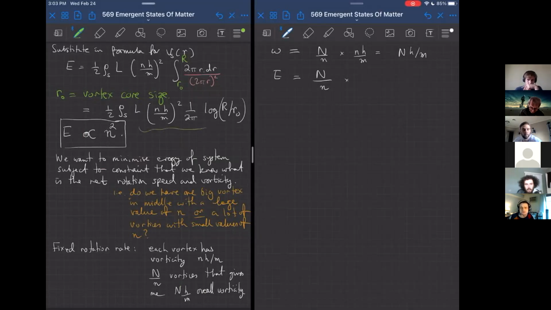Let's call this factor C1, times C1 n squared. And so you can see that if you tell me what capital N is, a fixed capital N, i.e. total vorticity, total angular momentum, the energy is minimized with n equals 1.